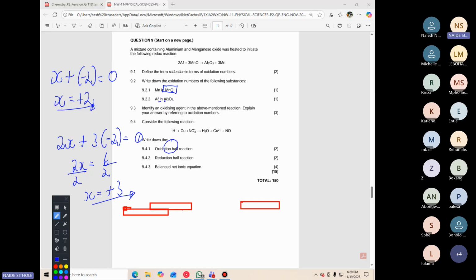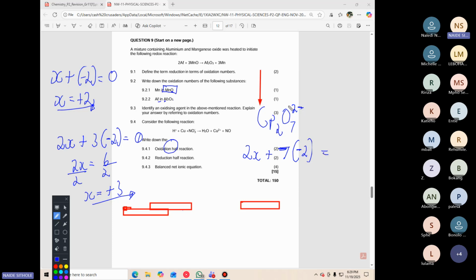So yes, make sure that you know how to do those. Another one that they like is Cr2O7 2-, if I'm not mistaken. Again here, we are looking for chromium. They will never ask you to calculate for oxygen because oxygen is always given to be -2. For chromium, we have 2 chromiums, so 2x plus how many oxygen ions? 7, and each has a -2. Mind you, it's not that -2, it's the standard one.